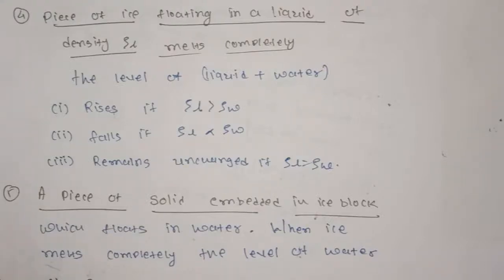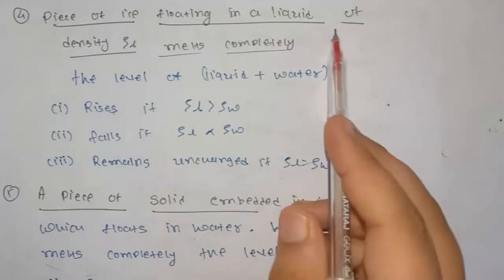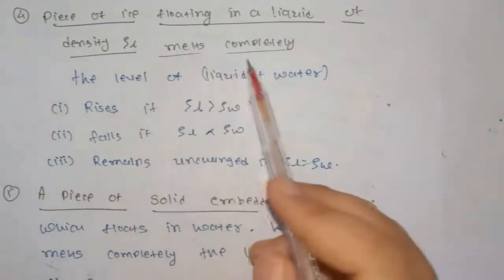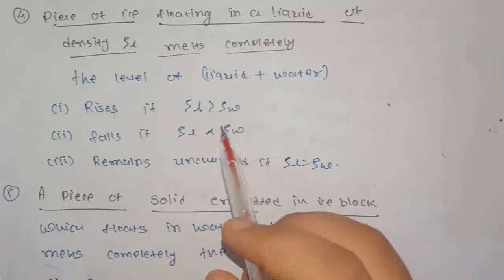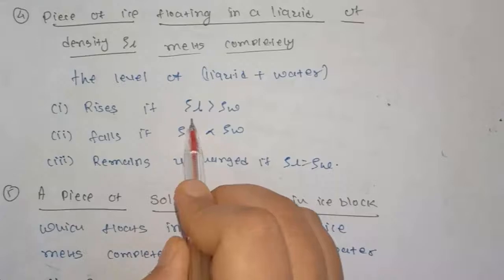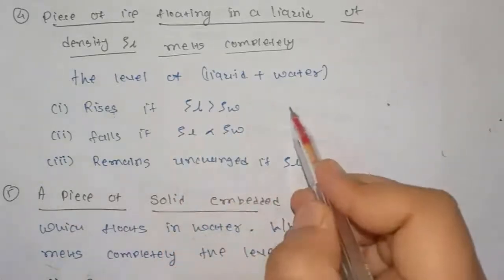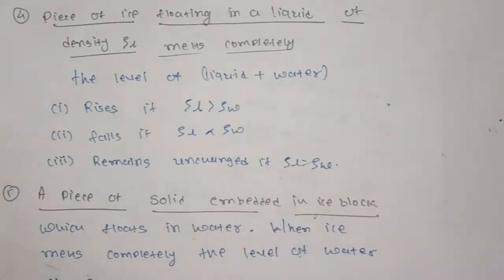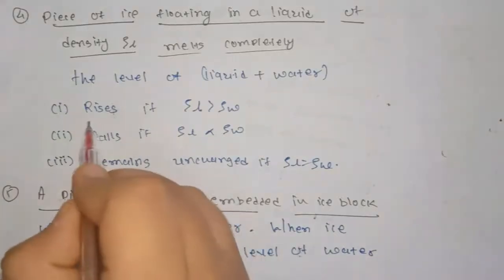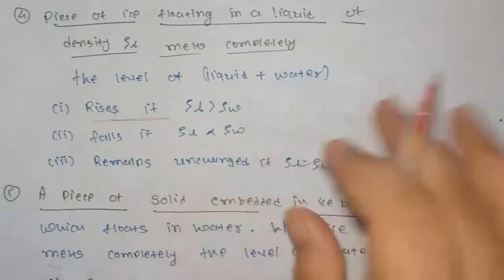In the next case, a piece of ice floating in a liquid of density rho L melts completely. Now, if density of liquid is greater than density of water, then the melted ice water will float on the surface of liquid. So in this case, the liquid plus water whole fluid level will rise.